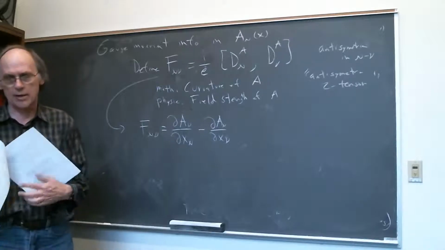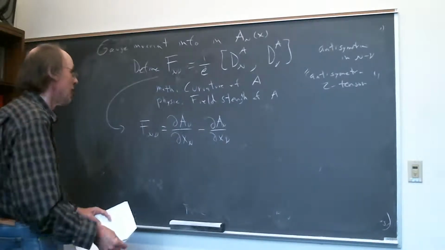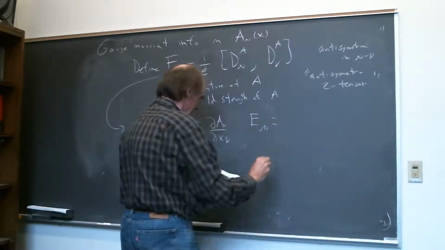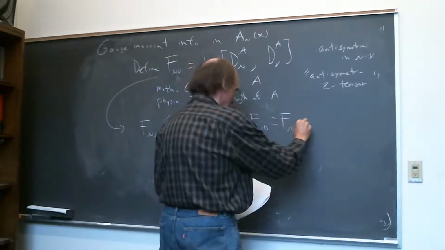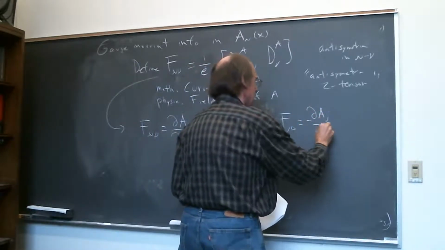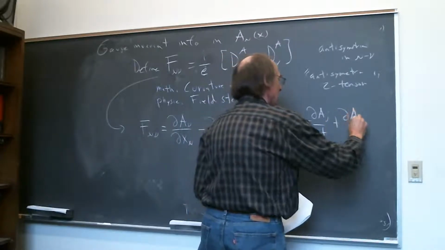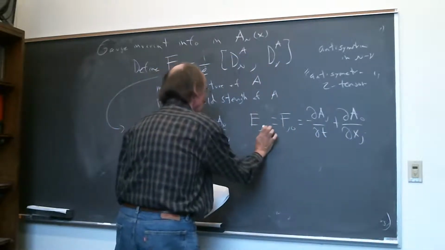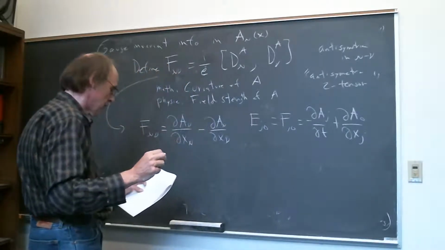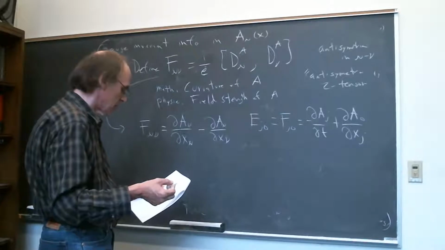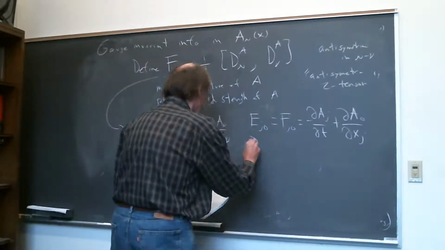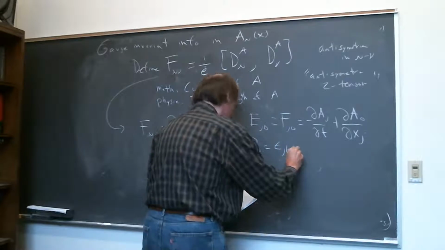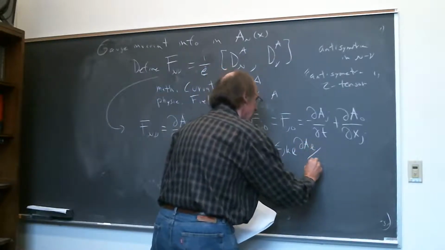And if you've had any kind of electromagnetism class, this should all start to look very familiar. Then you just define E_j to be F_j0, which is minus dA_j/dt plus dA_0/dx_j, and B_j is epsilon_jkl dA_l/dx_k.